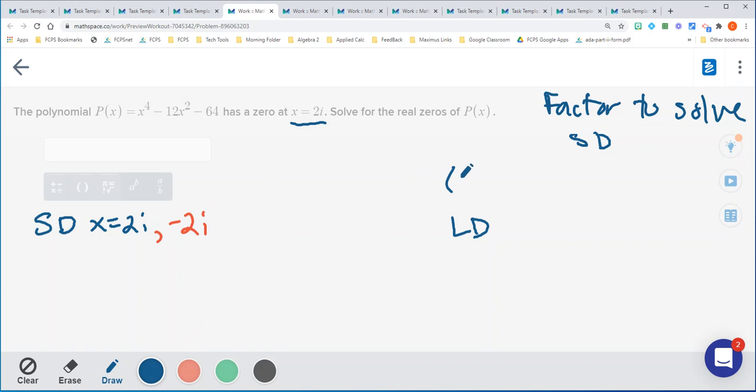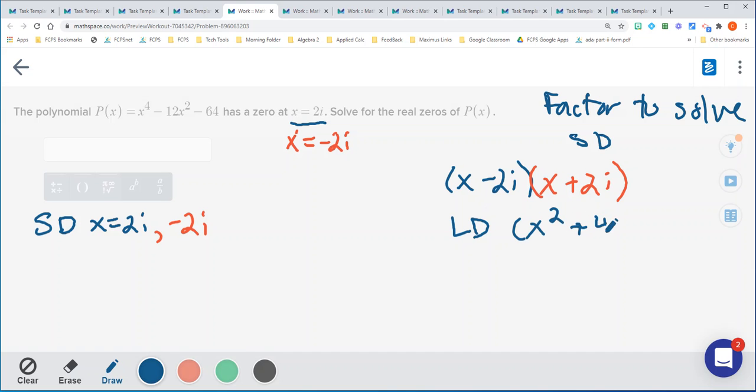If you're going to do long division, you are still going to have to use the conjugate root, but instead you're going to take your two linear factors and you're going to turn them into a quadratic factor. And you would do long division in order to factor this, okay?